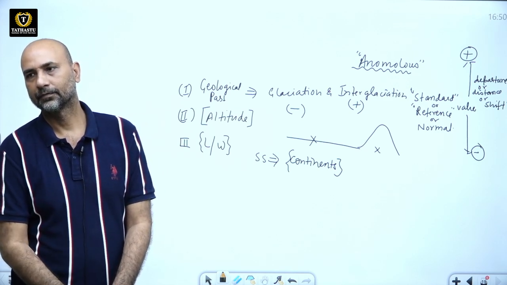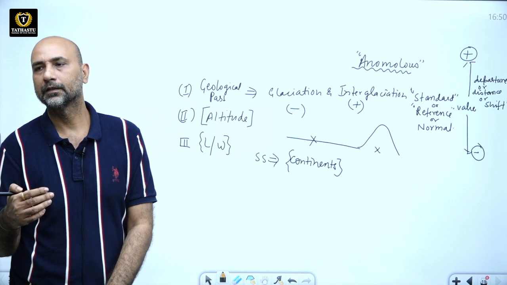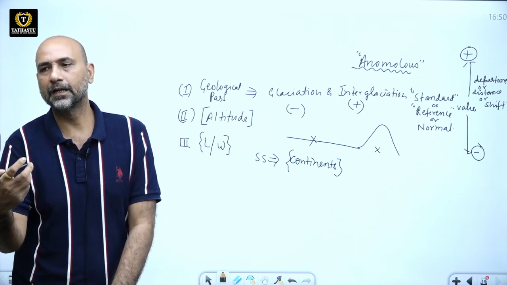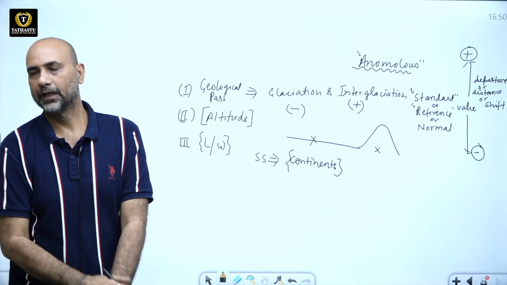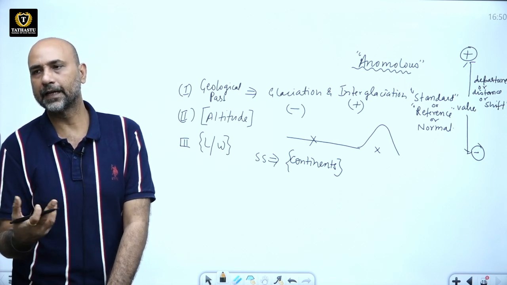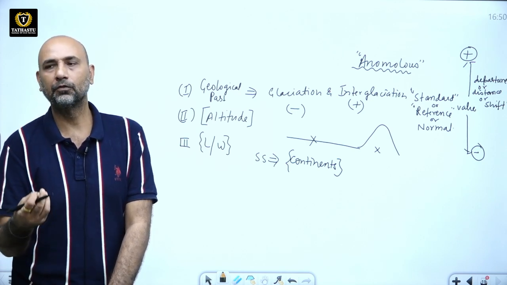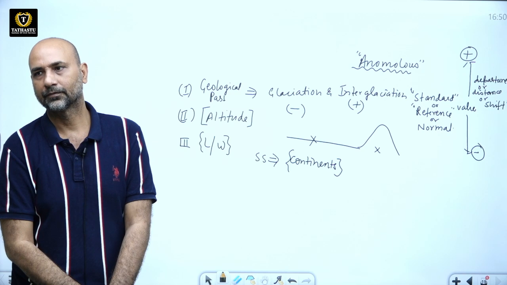Because you know that continental heating and cooling are faster. Heating is faster during daytime and summer season. Rate of cooling is also faster.